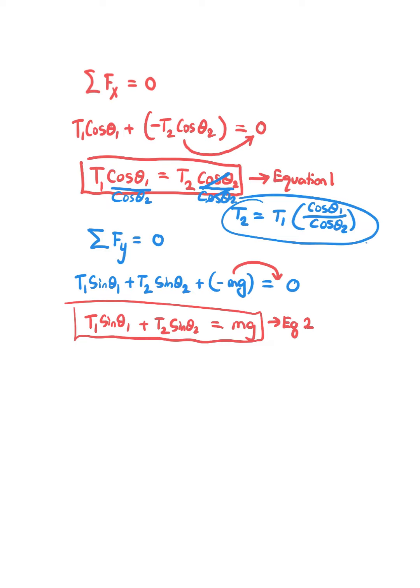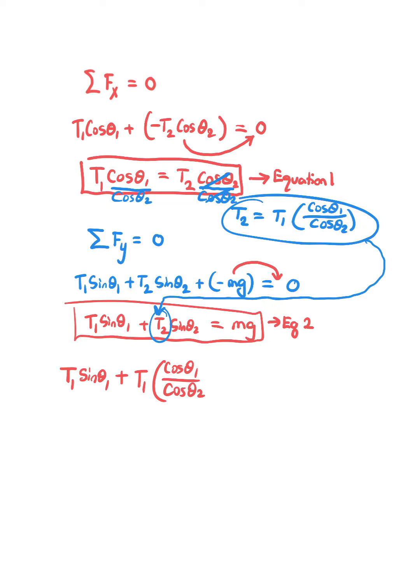So what I will do is I'll go ahead and substitute the expression for T2 into equation number 2 in place of T2. So now I have T1 sine of theta 1 plus T2 is now replaced with T1 times cosine of theta 1 over cosine of theta 2. Can't forget about that sine of theta 2 term.